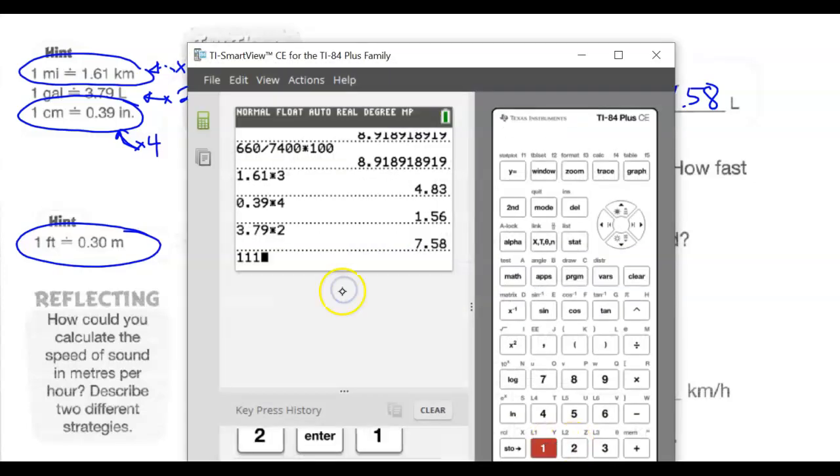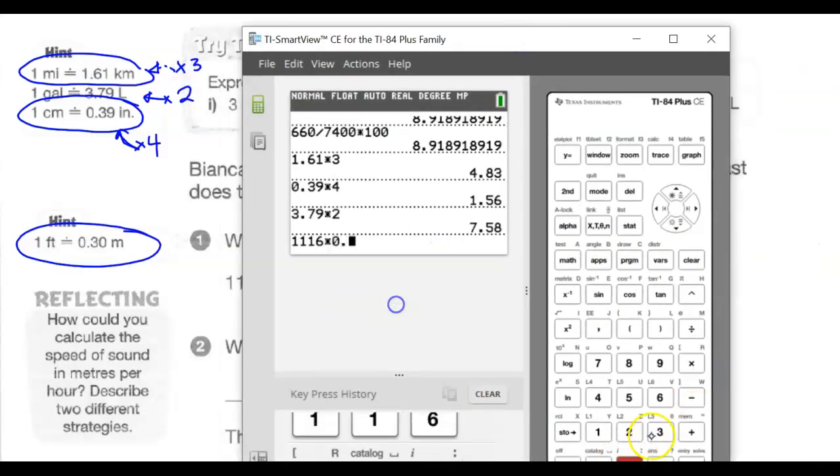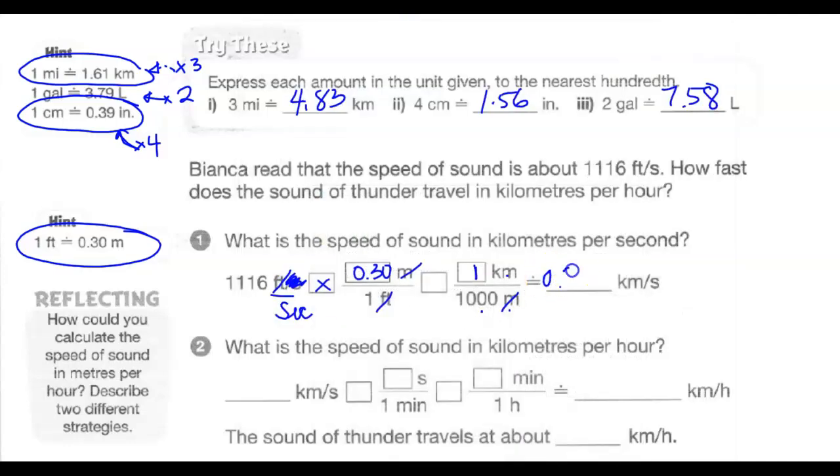So 1116 times 0.3 divided by 1,000 is 0.3348. That's kilometers per second. And that makes sense, right? 1 foot is much smaller than a kilometer, so this is going to be a small number.